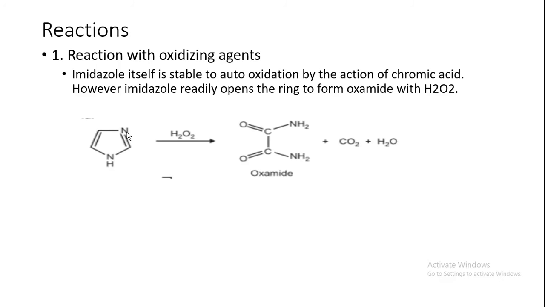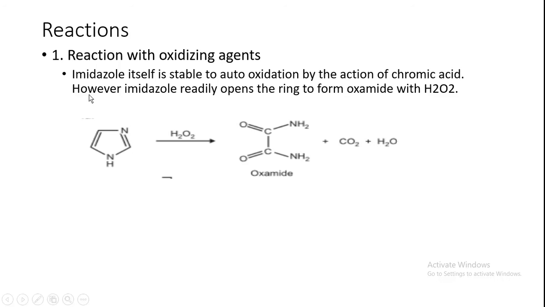So first reaction, that is reaction with oxidizing agent. Imidazole itself is stable to auto-oxidation by the action of chromic acid, okay, that means it can resist the oxidation by chromic acid.